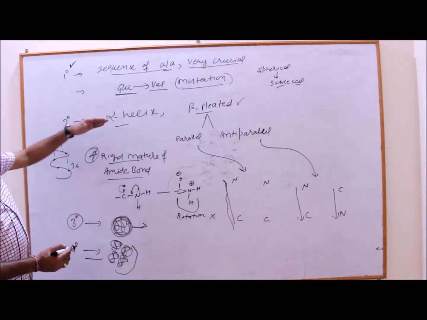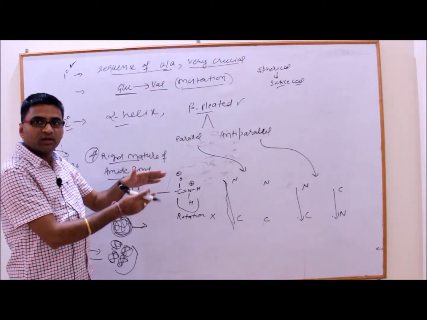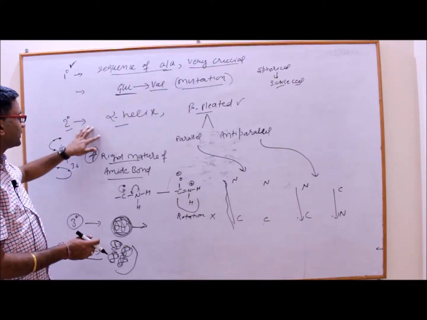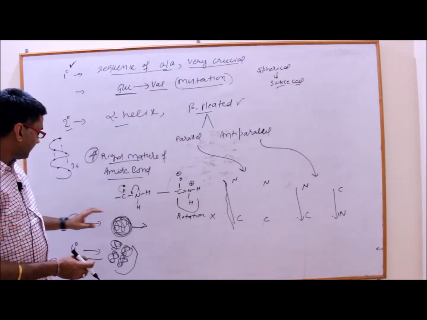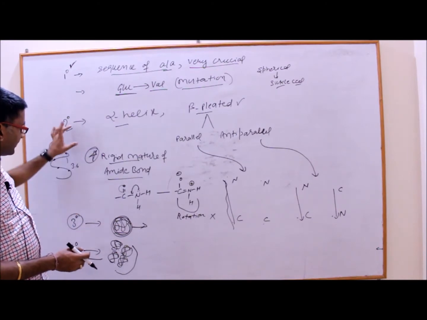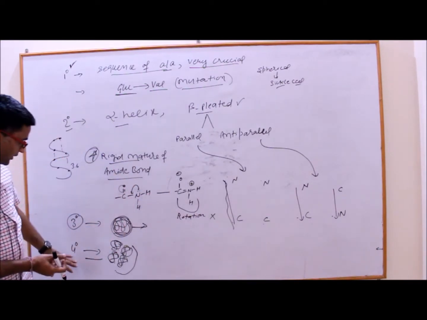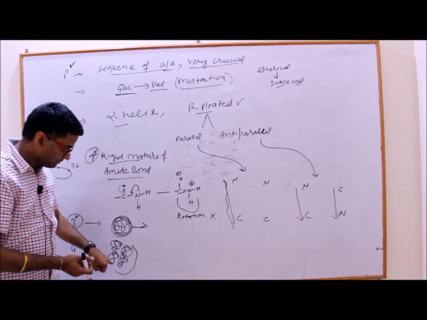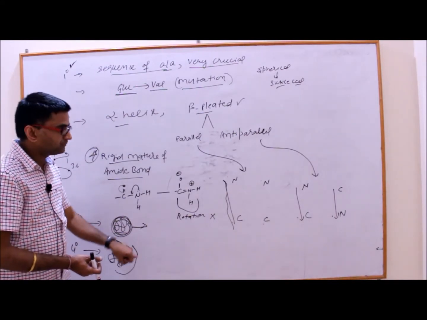So these are the various steps by which a protein gets a particular conformation. Primary is the sequence of amino acids; secondary is in the form of alpha helix and beta pleated sheet; then tertiary is further folding in 3 dimensions; and quaternary is when 2 or 3 molecules of tertiary structure combine to give another molecule, forming the quaternary structure of the protein.